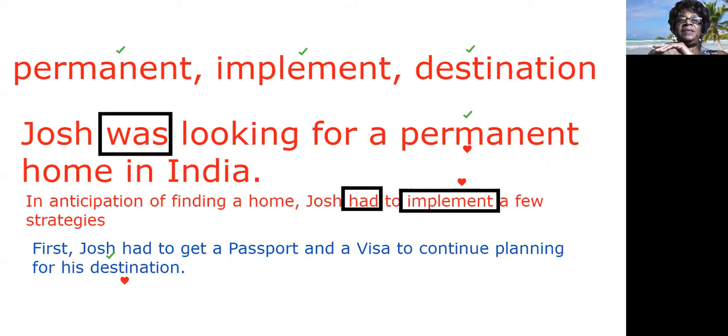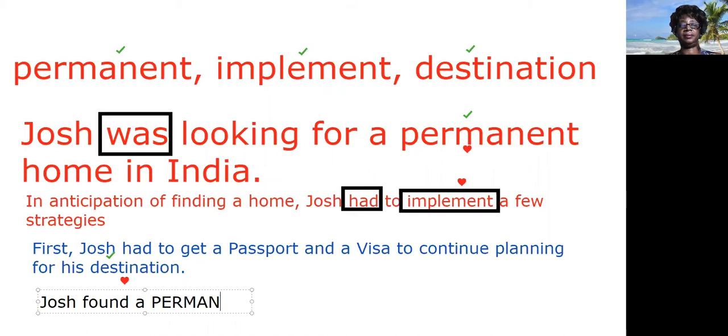Did Josh find a place in India? My suggestion is that yes, he did. And this would be my sentence using the 3 words. Josh found a permanent home in India.